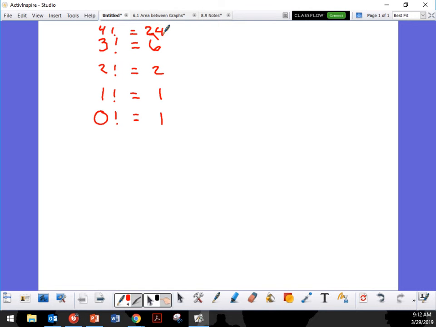So divide that by 4, you get 6. So we're saying divided by 4 is 6, divided by 3 is 2, divided by 2 is 1, divided by 1 is 1. So then what would make it equal to negative 1? It stops at 0.